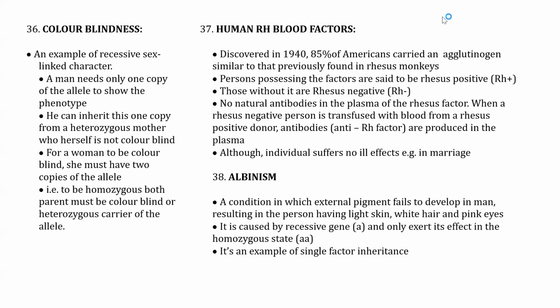So immediately the blood is entering, because the blood is not rhesus negative, the blood you are giving to the rhesus negative person, because it is not rhesus negative blood, natural antibodies will be produced inside the rhesus negative person as a form of what? Defense.